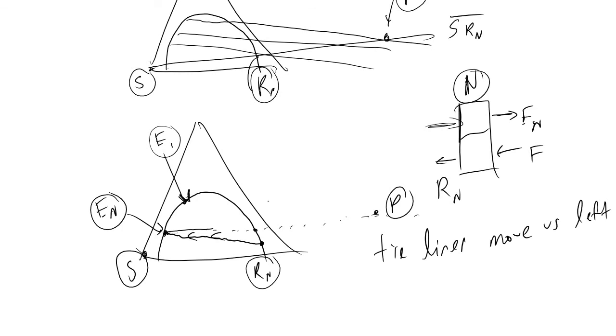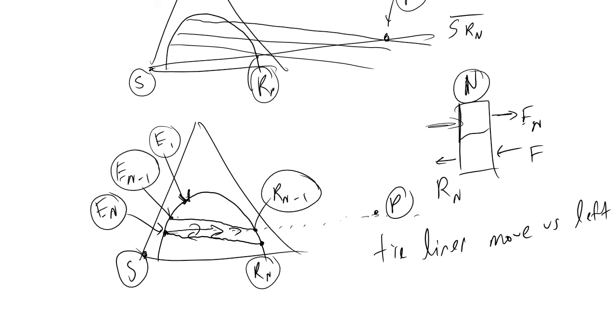This gives us a value R sub n minus 1. And then from this value R sub n minus 1, we now move to the left again. If we interpolated from a tie line, it would look something like this. And this tells us what the composition E sub n minus 1 is.